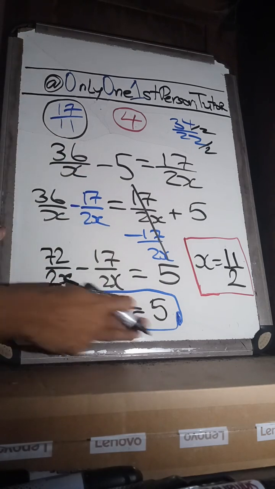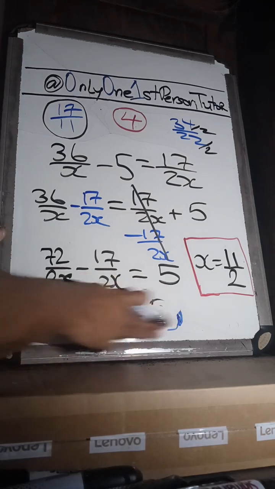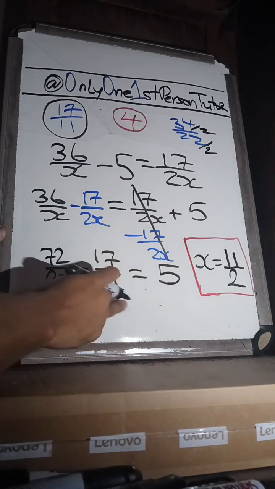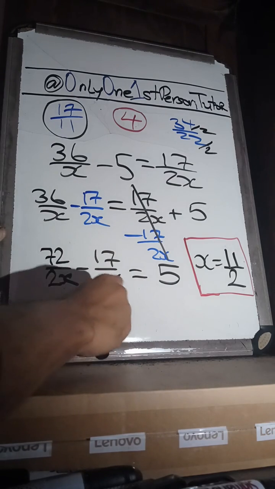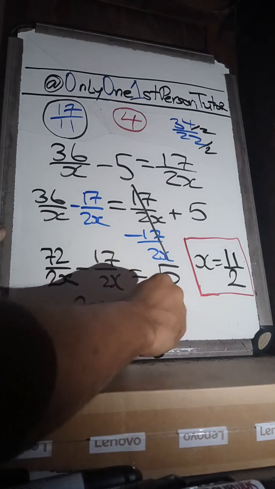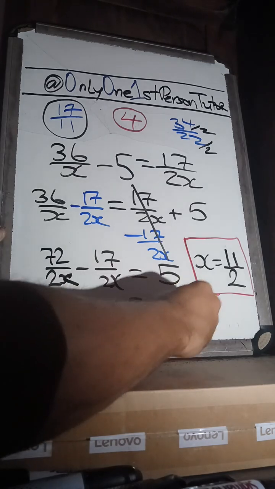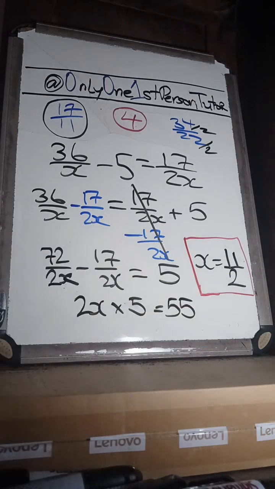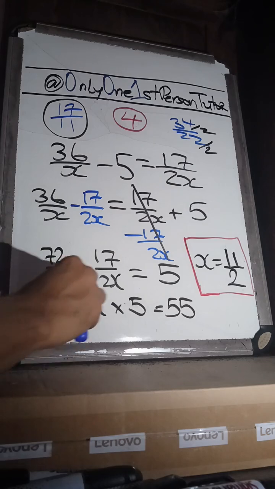So let's write that down. So I would have 2x times 5, right, that's what that would have been.